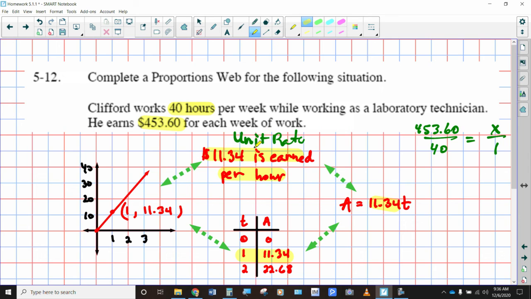So you got your unit rate from the situation, you've got your rule that is created, you've got a table that you can create, and you've also got a graph that passes through 0, 0, and passes through the unit rate of 1, 11.34, which is an approximate location, by the way. I'm not certain that that's perfectly where it's supposed to go, but it's good enough for what we're doing here.